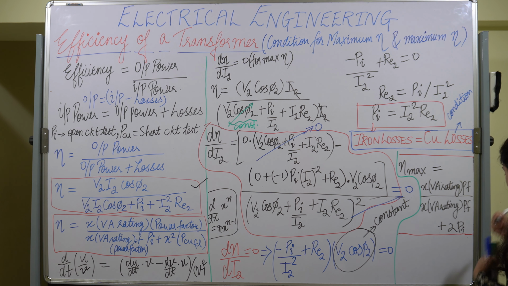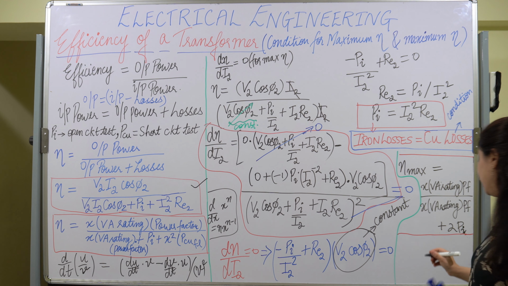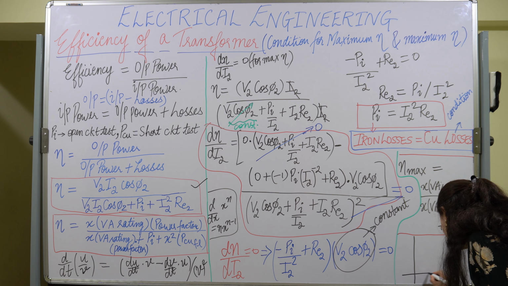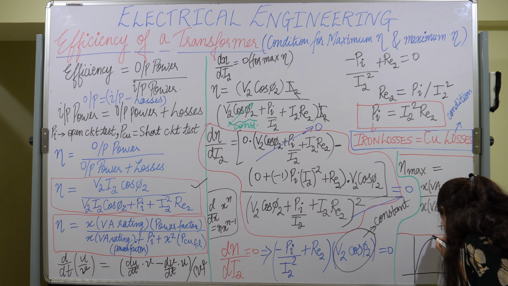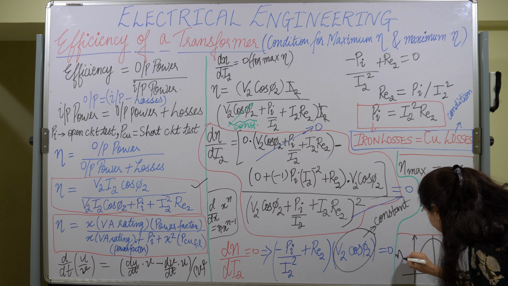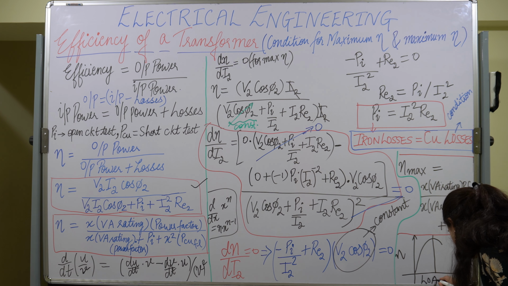Now, if we draw a curve relating the efficiency and the load, that means the load current, then the curve which we will be getting would be somewhat like this. This shows my efficiency and this shows my load.